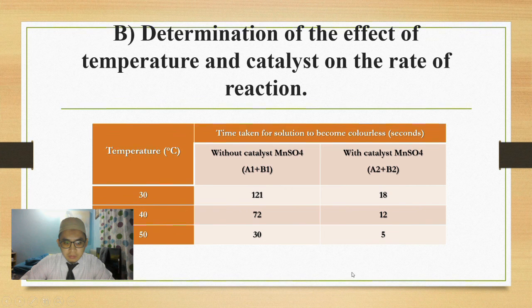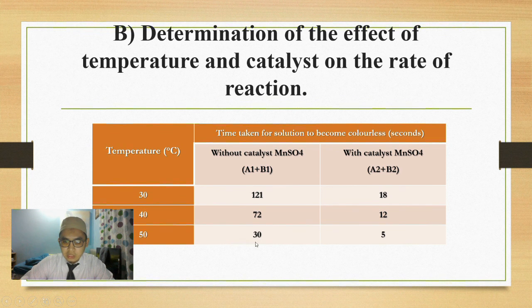For A1, at 30 Celsius, it will disappear in 121 seconds. For 40 Celsius, it will disappear in 72 seconds. And at 50 Celsius, it will disappear in 30 seconds.